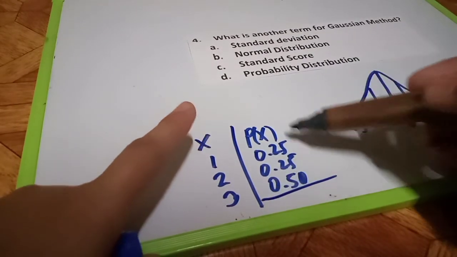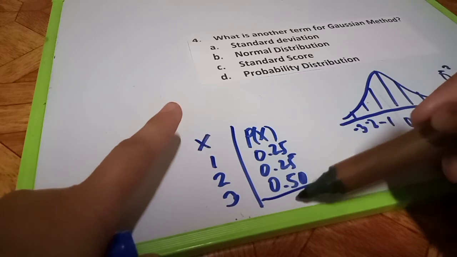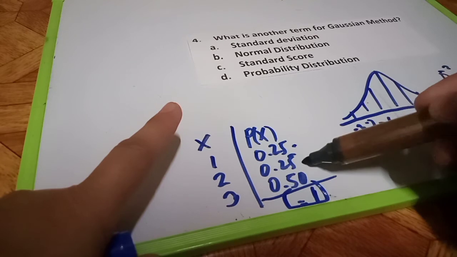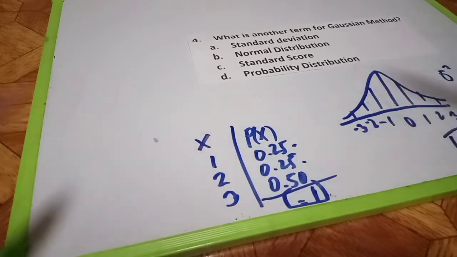The probabilities should sum to 1. So 0.25 plus 0.25 plus 0.50 will be 1. If you multiply each value by its probability, 1 times 0.25, 2 times 0.25, and so on, that will give the probability mean.